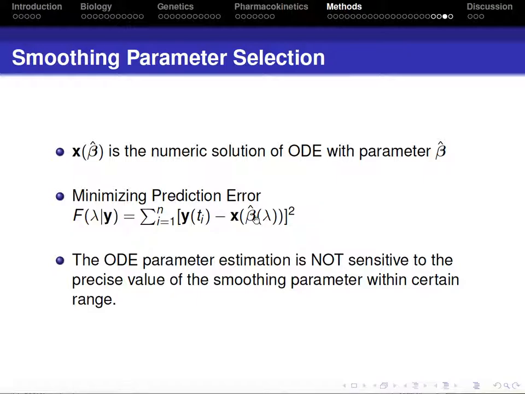Here, we always use the same number of parameters to fit the data, so there's no overfitting problem. We also found that the ODE estimation is not very sensitive to the precise value of the smoothing parameters, as long as it is in a good range. So you don't have to work too hard to choose the best smoothing parameters.